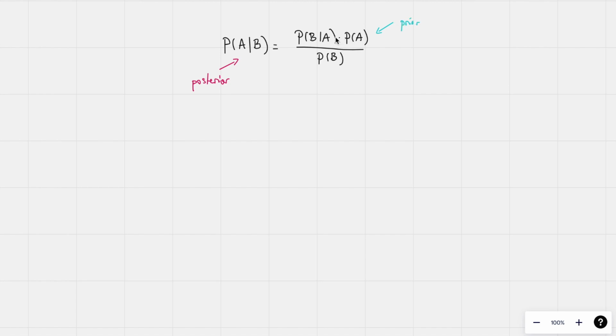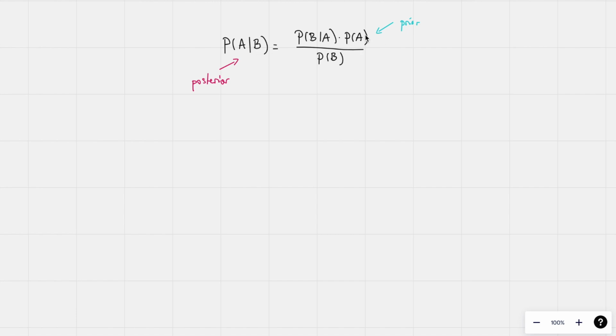What's interesting about this formula is that when we have a certain belief or a certain probability of occurrence of the event A before anything happens, we can write it as P of A. Once the event B has happened, we are interested in the probability of A. So in a sense, this is an update formula.